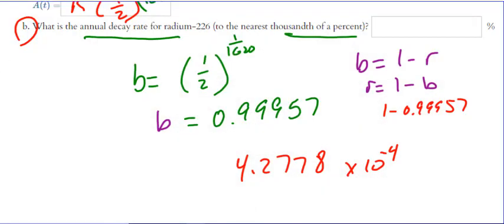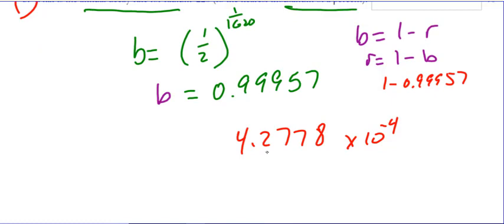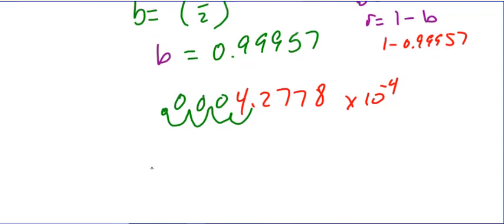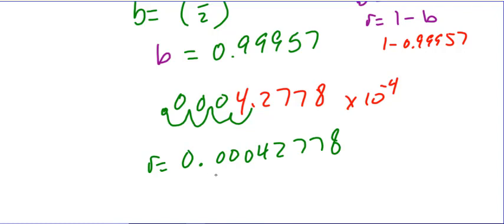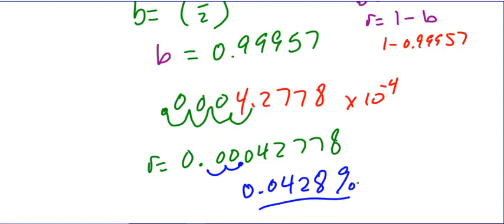Okay, so if I want to move this out of scientific notation, then 1, 2, 3, 4. Okay. So R is really 0.00042778. Now, so 0.0428 would be your percent.